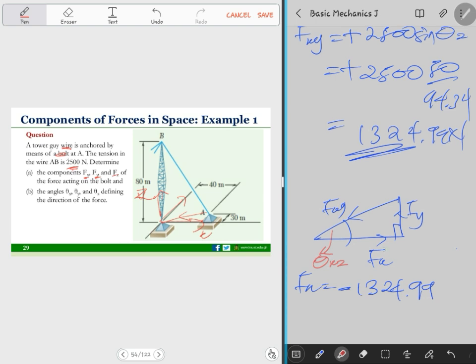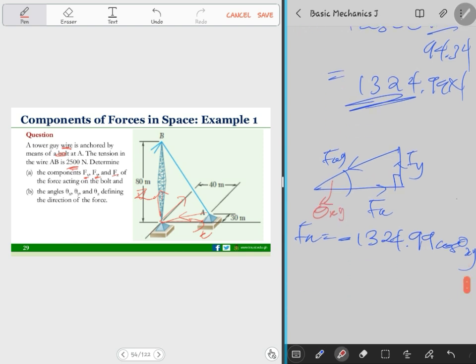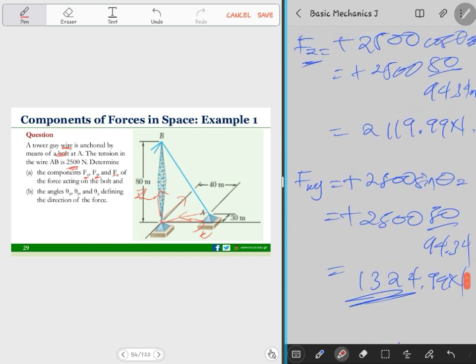Now trying to get this side, which is the adjacent, cos is adjacent over hypotenuse. So cos theta, with the xy, right? We know negative 1324.99, and we need cos, adjacent over hypotenuse.